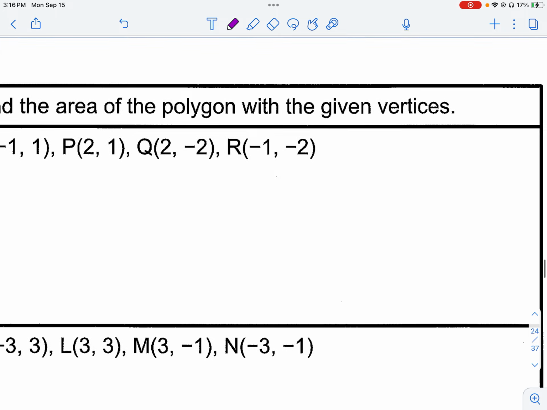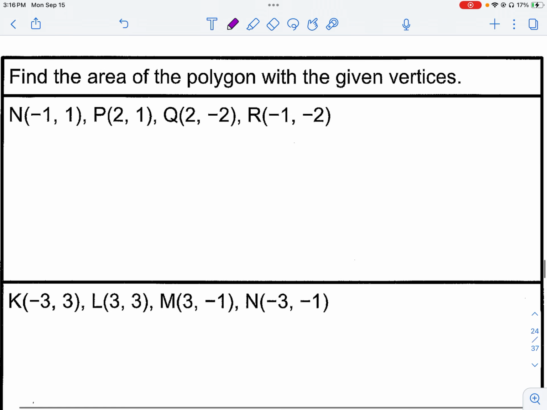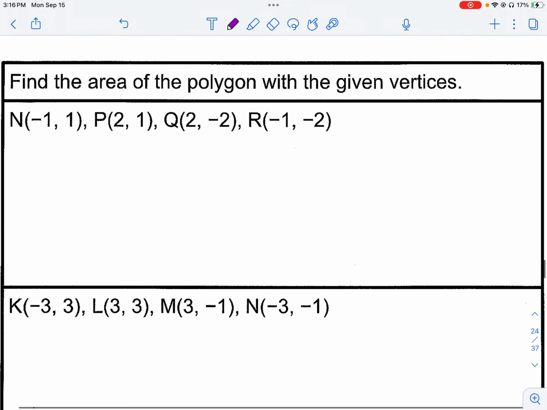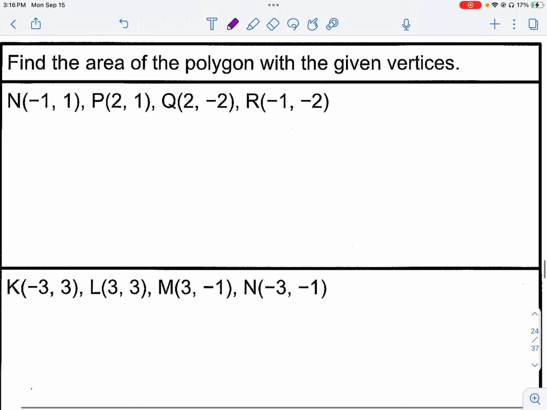All right, let's look at this guy. So the area of the polygon with the given vertices. So if I had a graph, I would graph it, but since I don't, I'm going to have to do some other things, right? So I'm going to have to find the distance formula to see if all the sides are the same, because that tells me some information.